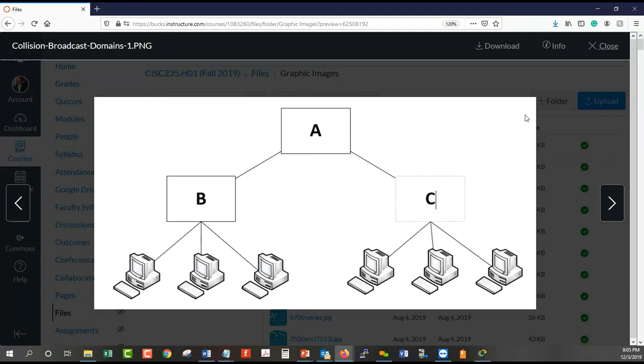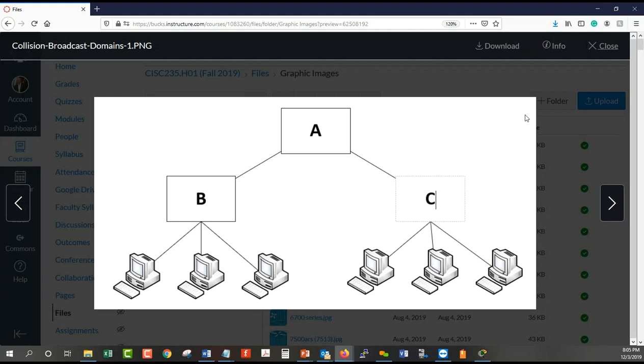So every connection to a switch is a separate collision domain. So I've got 1, 2, 3 on the left, 4, 5, 6 on the right. Then up above here, A is a hub. So every connection to that hub is a single collision domain. So I've got 6 down below, and I've got this one larger collision domain at the top. So that gives me a total of 7 collision domains.